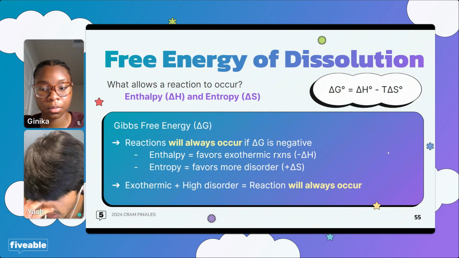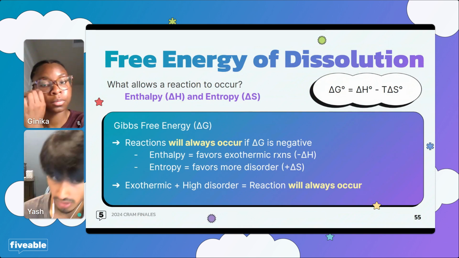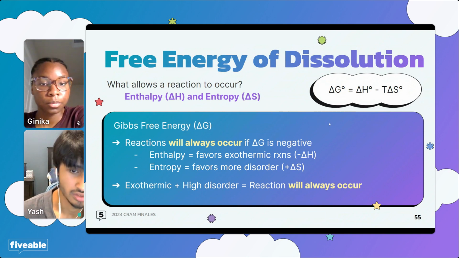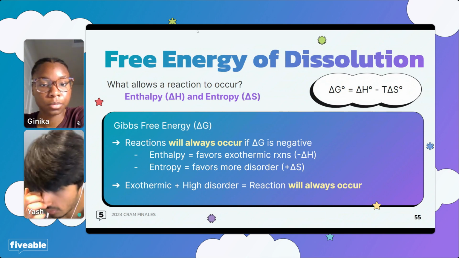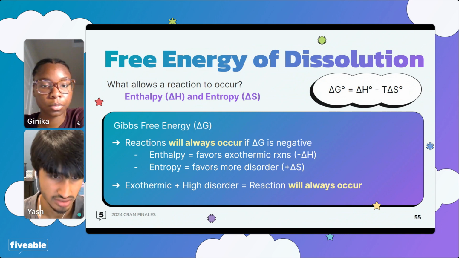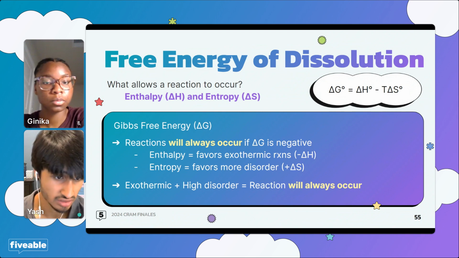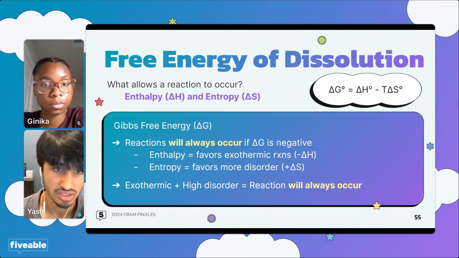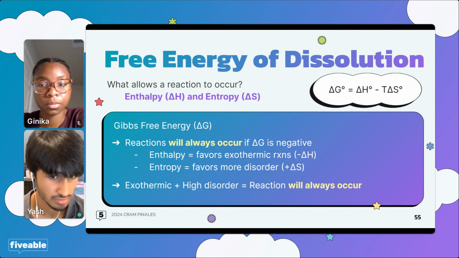Now, this is a Unit 9 concept, but it ties into equilibrium. It's the free energy of dissolution. Equilibrium relates to dissolution, and equilibrium relates to delta G and not anything else. Delta G is calculated by taking delta H and subtracting T times delta S. This reaction will always occur if your delta G is less than 0.